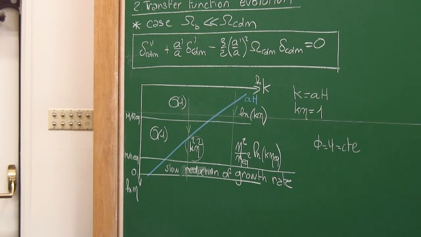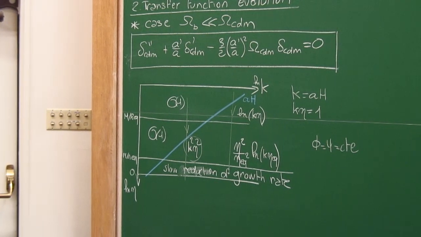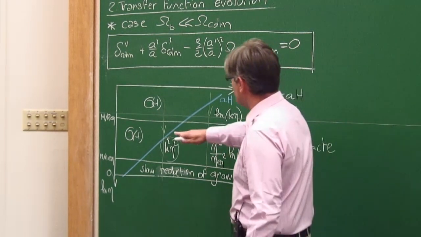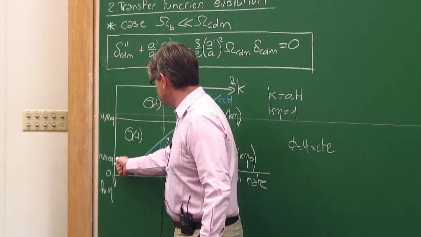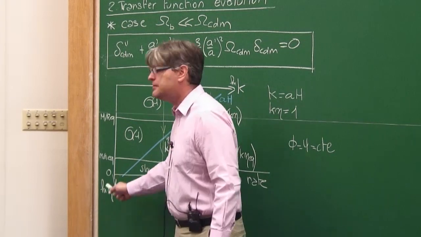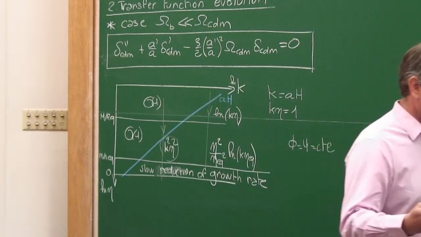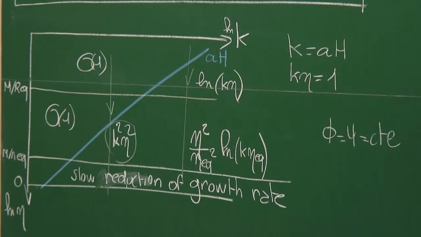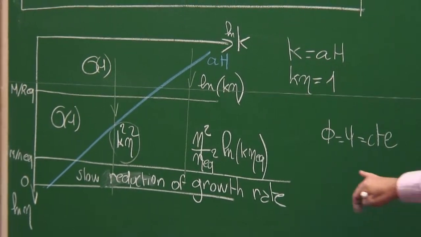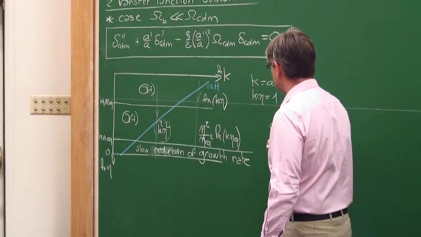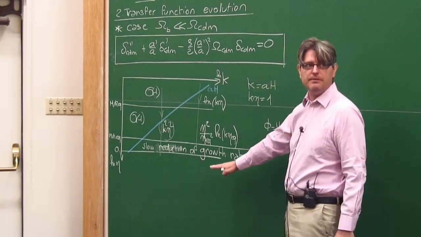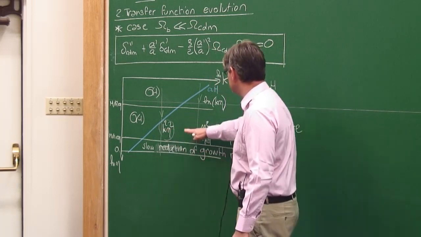Anytime the equation of state of the universe, the total one, is changing, these quantities decay. This is why there is a small jump at equality. But now, during all this stage of lambda domination, the equation of state of the universe is going from 0 to minus 1. And during this transition, phi and psi decay. And if you use the Poisson equation, it means that delta CDM grows more slowly than these solutions.